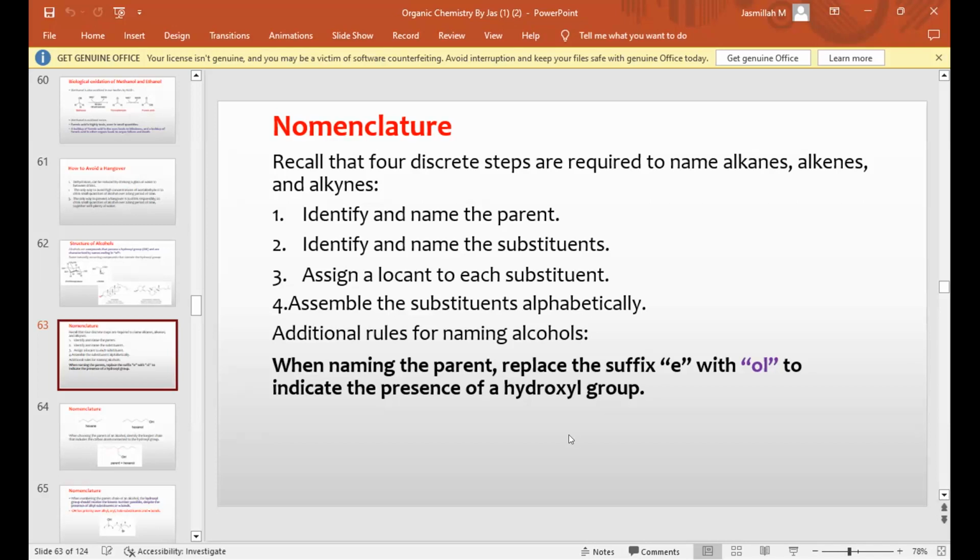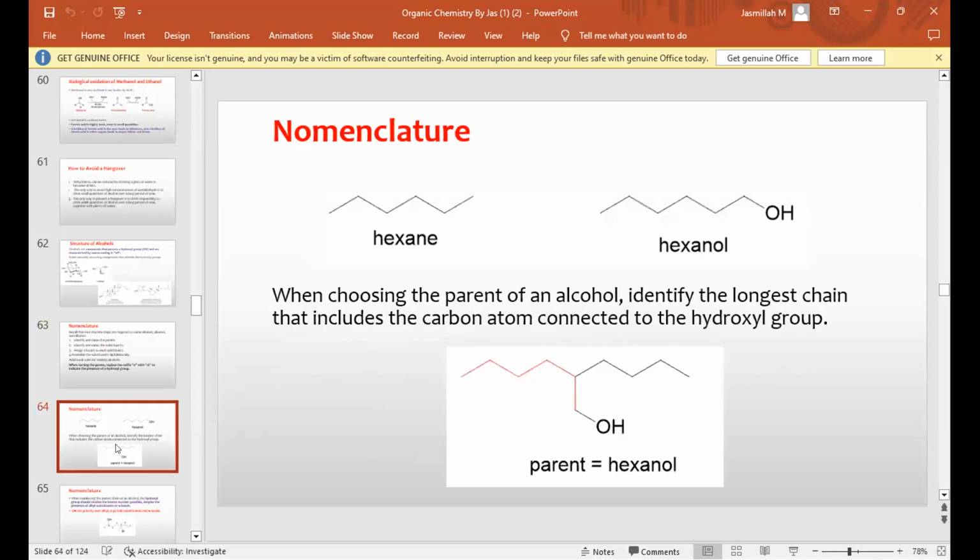An additional rule when naming is that we replace the suffix -e with -ol. Methane becomes methanol, ethane becomes ethanol. Here we see a hexane, so once there's an OH group bonded to the alkyl group, it becomes hexanol.